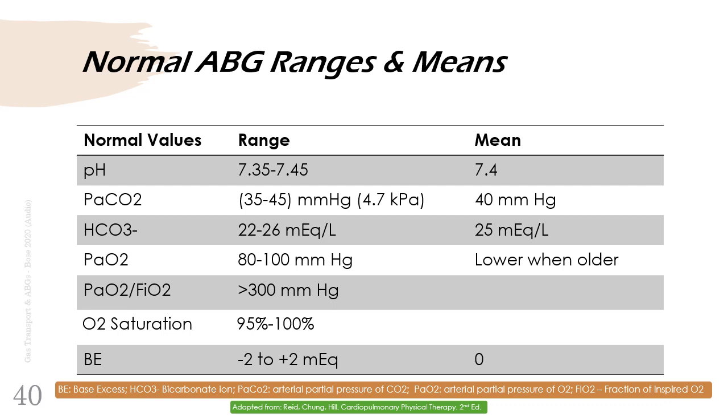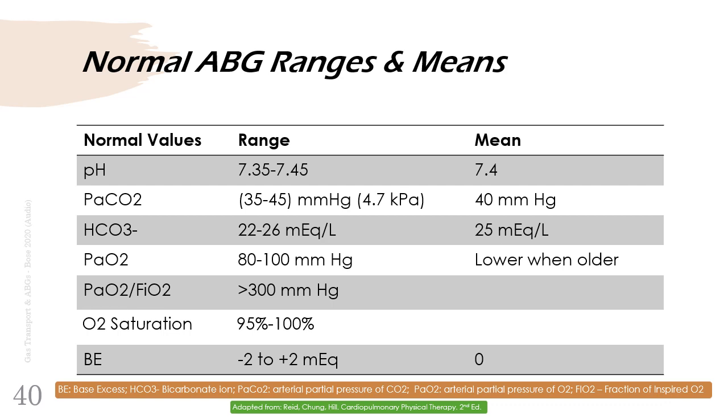If a range is quite tight, as you can see the pH is, then even a mild deviation will make the patient symptomatic. Using the pH example, if the patient is 7.3, then the deviation is a mere 500th out of range, yet they can become quite symptomatic.